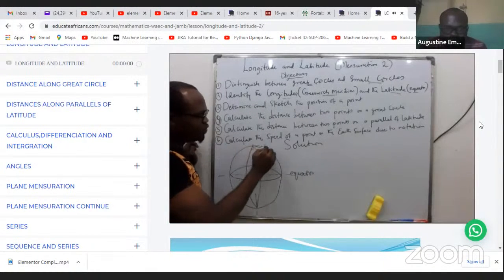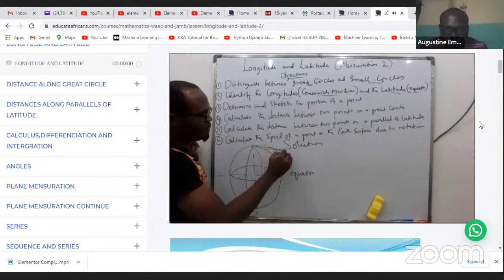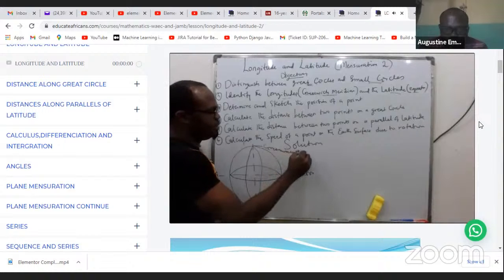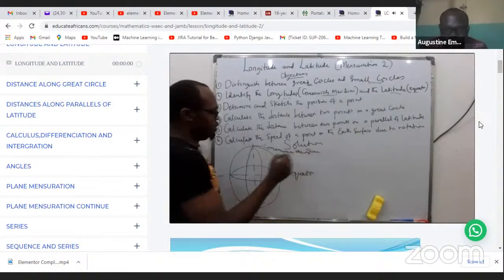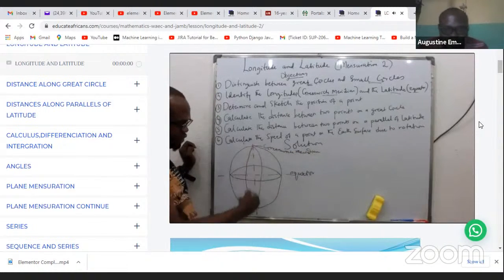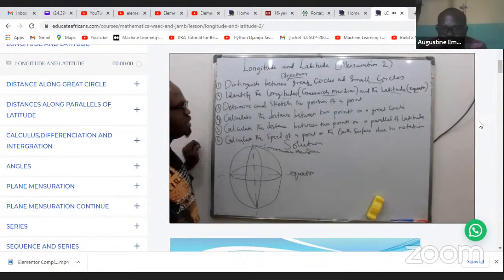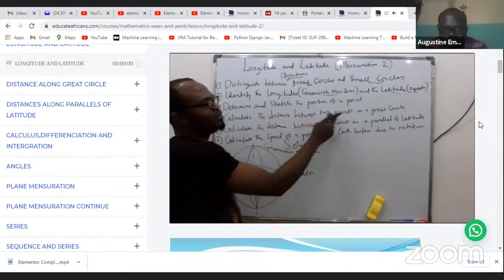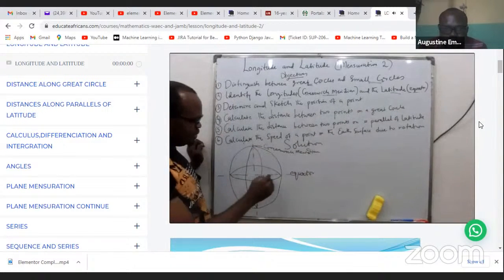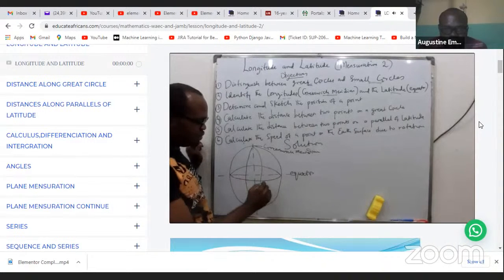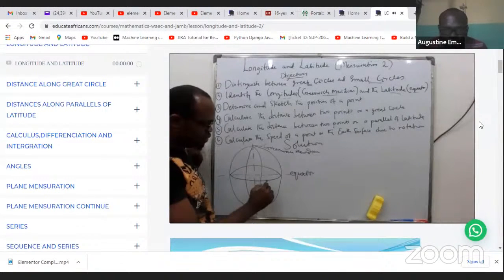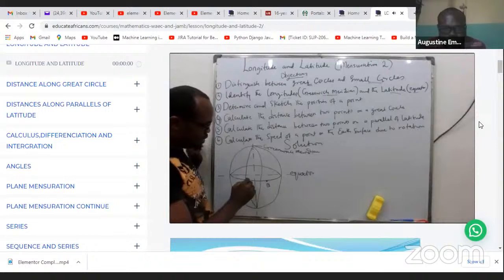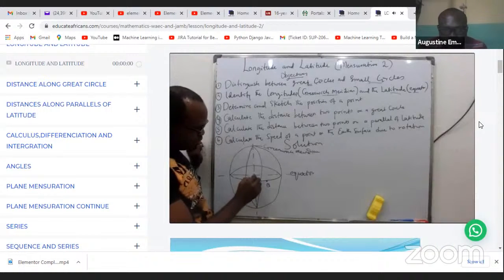A great circle, meridian, point P and point A. So you stretch from the middle to them.